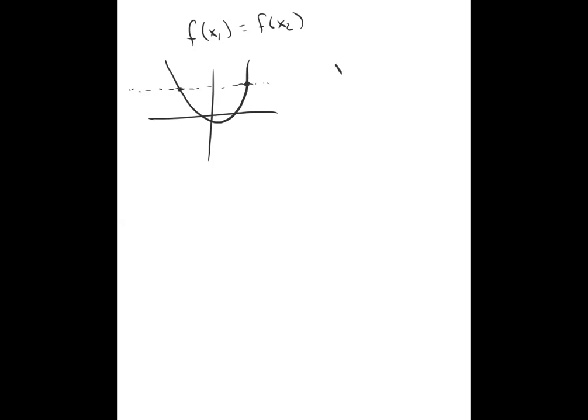But if those two x values happen to be the same, i.e. x1 equals x2, well, then it passes the horizontal line test, because if we put a horizontal line through at that specific y value, we actually only intersect the graph once. If we assume that we intersect it multiple times, well, it turns out that we don't, and it's actually just the same x value. So don't think about that too hard if that's tripping you up, but I just thought I would add that because I didn't see that covered in the text very well. Okay.